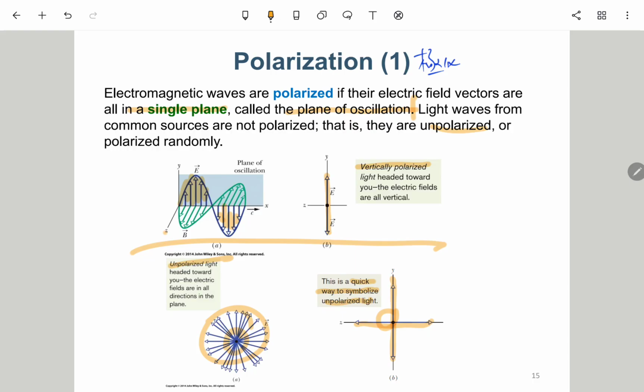We only have two directions, but they can span to different directions, so it doesn't really matter. These are the definitions of polarized and unpolarized light, and the sunlight and most sources generate unpolarized light.